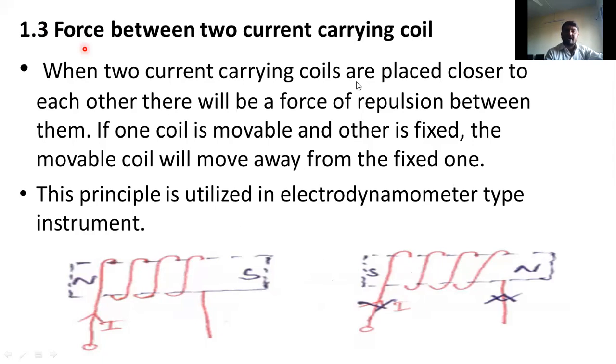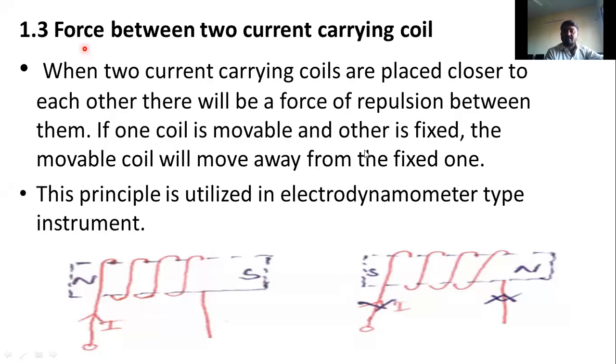When two current carrying coils are placed closer to each other, there will be a force of repulsion between them. The current enters into this coil and into this coil, so here south and south poles, or north and north, both repel each other.